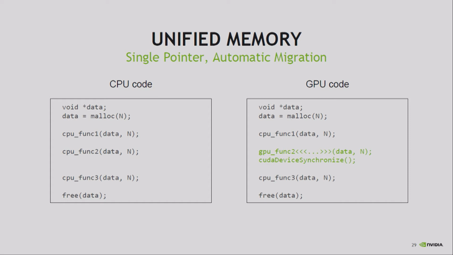So you still do the same thing as on the left side for CPU function 1, but then you don't need to allocate some data on the GPU and copy it over, copy it back. You can just access it directly. What is going to happen is that the data will be migrated back and forth automatically, and you don't have to worry about this. So it really simplifies your programming, especially when you're just starting out and maybe porting some parts of your code to the GPU.